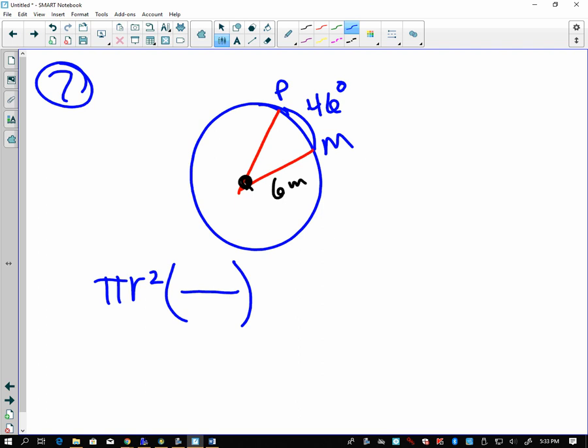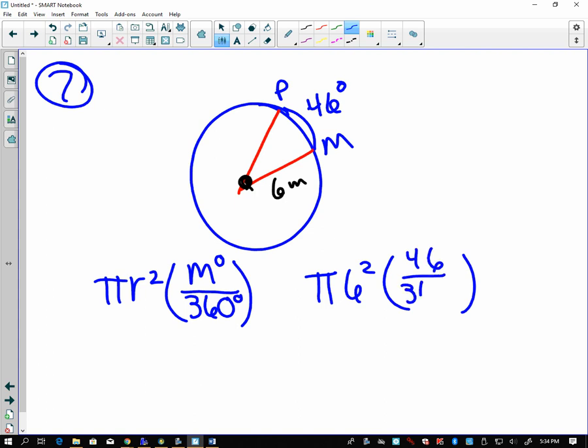But we don't want the whole thing. We just want a fraction of it. So we're going to use the degrees that we have over 360 to find out what that fraction is. So in our case, we're using pi times 6 squared times 46 over 360. And we want our answer in terms of pi.